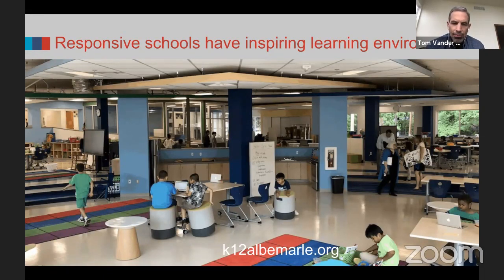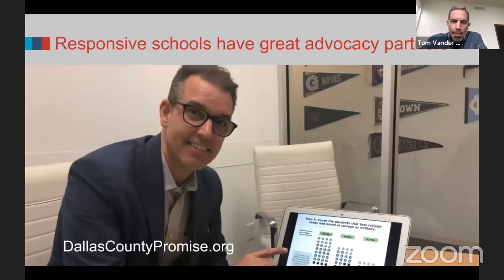There's lots of different kinds of seating, high top, low top, hard and soft. It's a beautiful and inspiring environment, and we're seeing more and more people think differently about learning spaces.